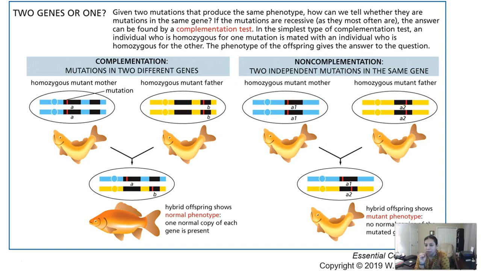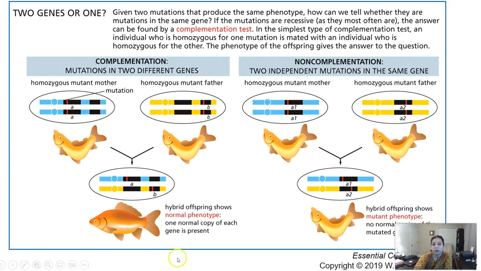In a simple complementation test, you're starting out with an individual who is homozygous for a mutation that we are examining, that we care about, and we mate it with an individual who is also homozygous for a different mutation, leading to the same type of result, and you look at the final offspring for the answer.